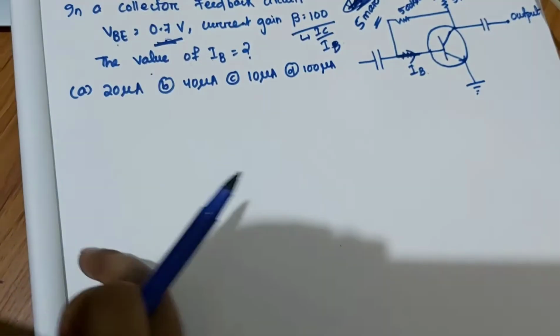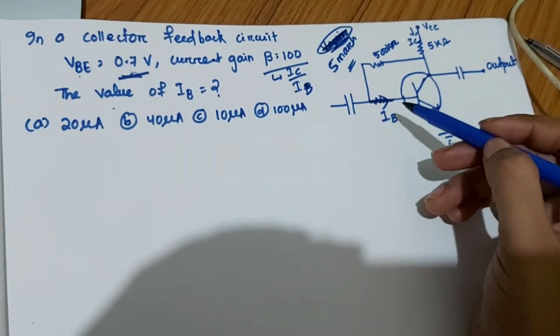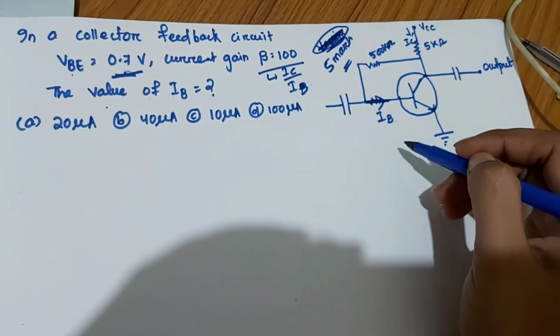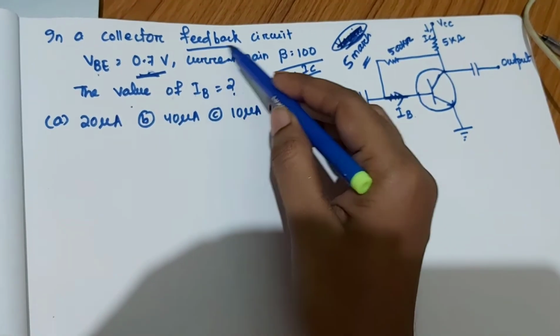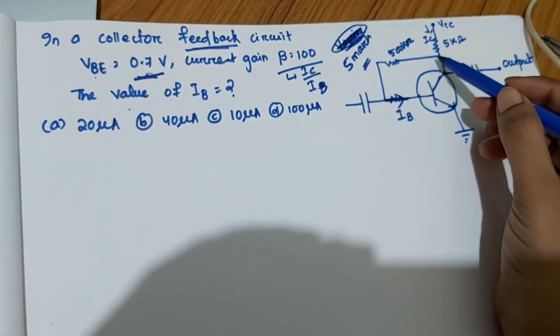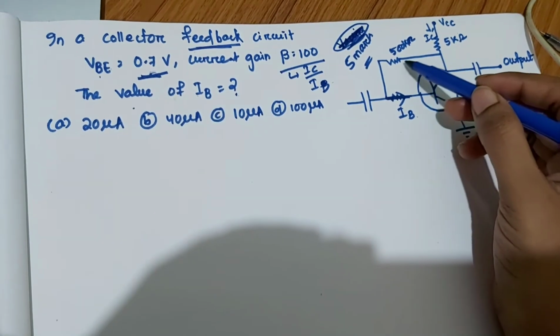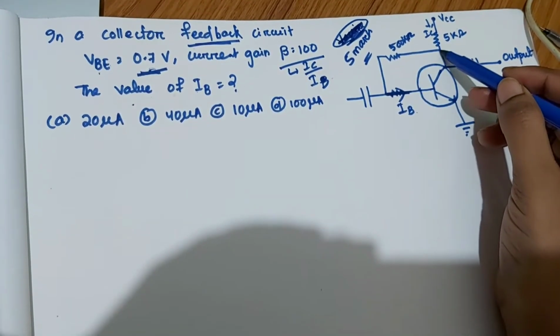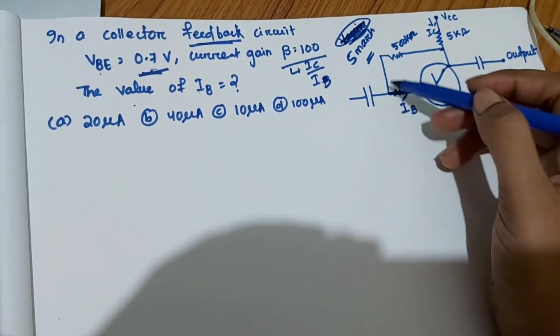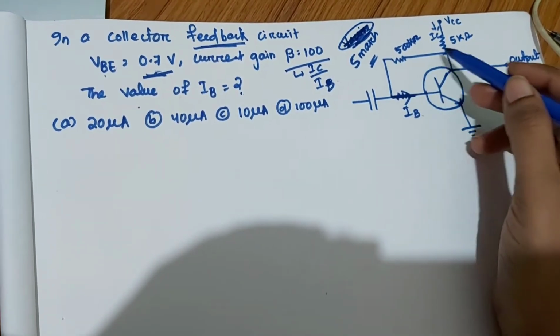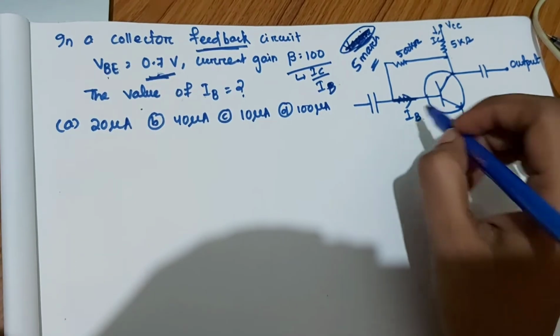Before going to the question, we'll discuss a little bit about the functioning of the transistor. As this is a feedback circuit, there is a resistor connected between the collector and the base.